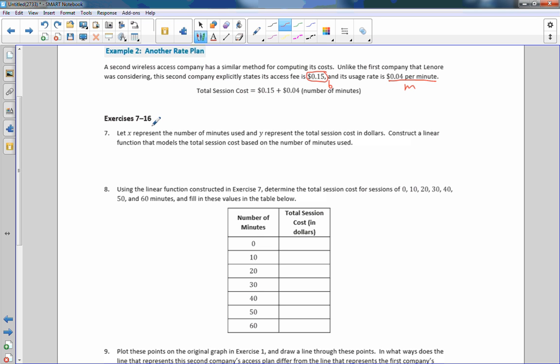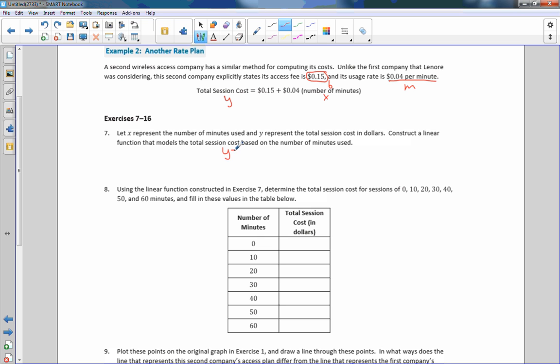Exercises 7 through 16. Number 7 says, let x represent the number of minutes used, and y represent total cost in dollars. Total session cost is y. Construct a linear function that models the total session cost based on the number of minutes used.